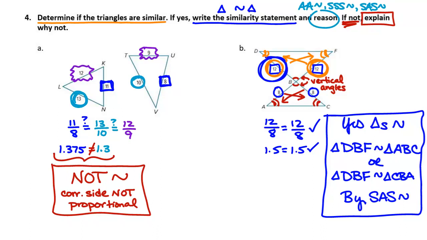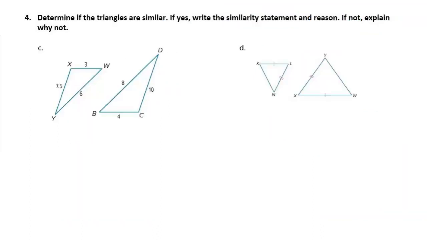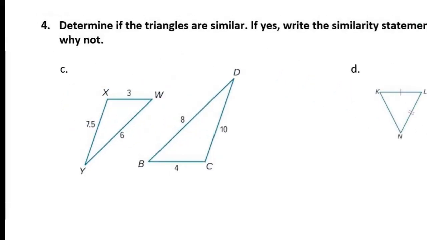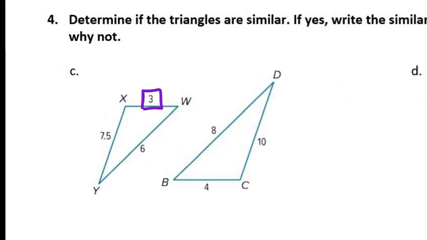Let's go look at C and D next. For part C, which reason should I try? Angle, angle, side, side, side, or side, angle, side? Let's try side, side, side again. So smallest to smallest. So I have to match up the 3 and the 4.